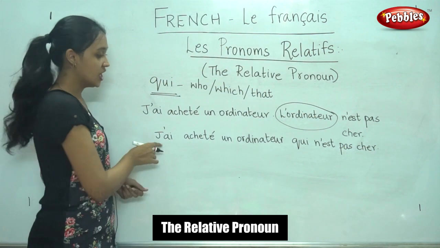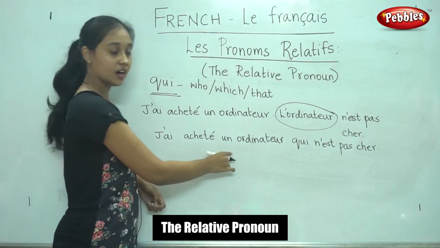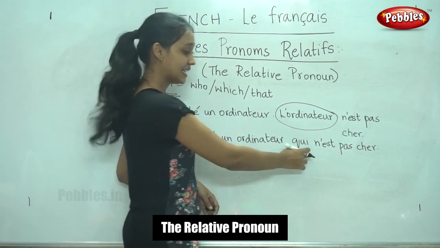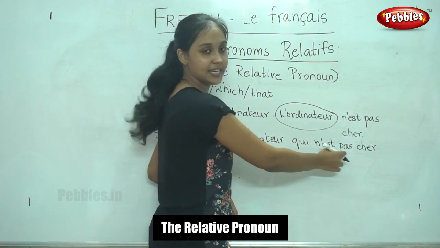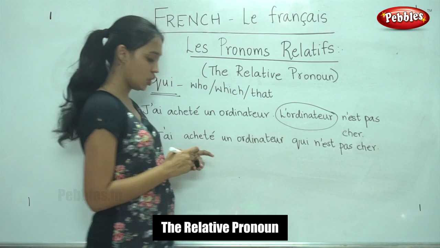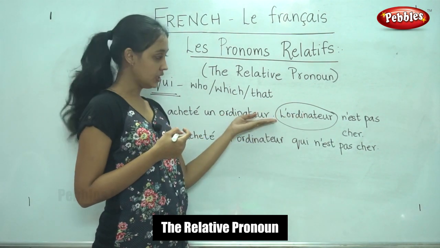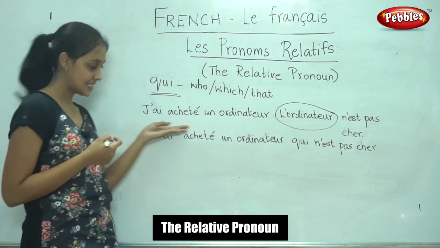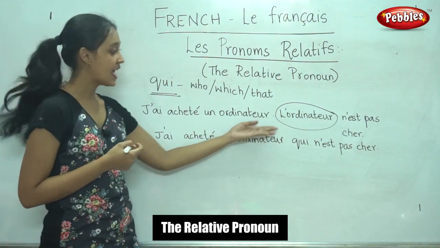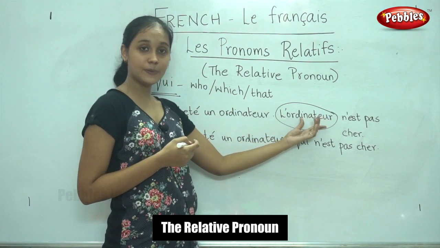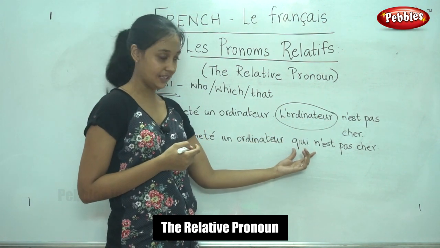So, j'ai acheté un ordinateur, qui n'est pas cher. I bought a computer, which is not costly. So, what did we do? Since there is a repetition here, we wrote the first sentence as it is, and this word which is repeated, we replaced it with qui.